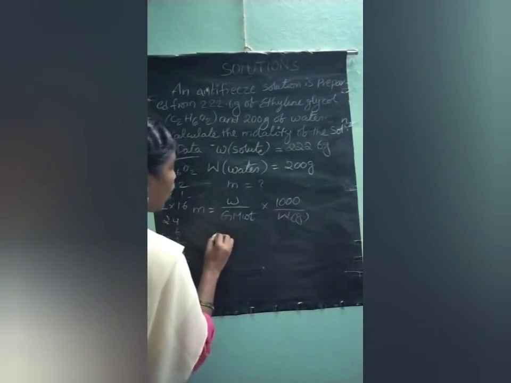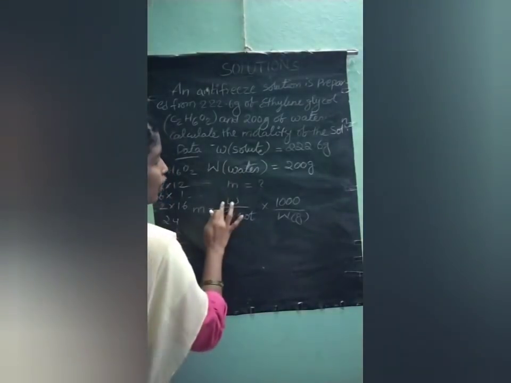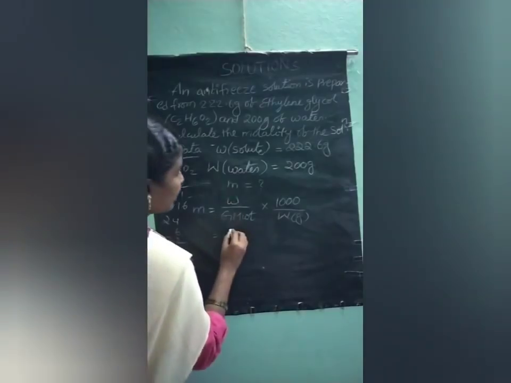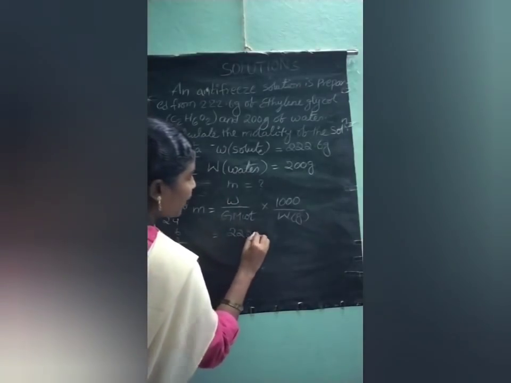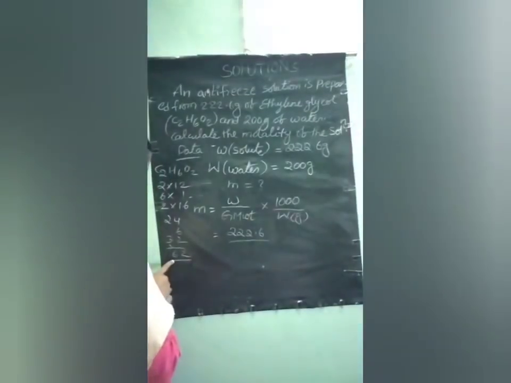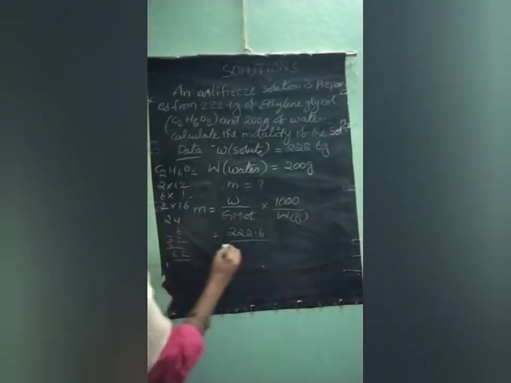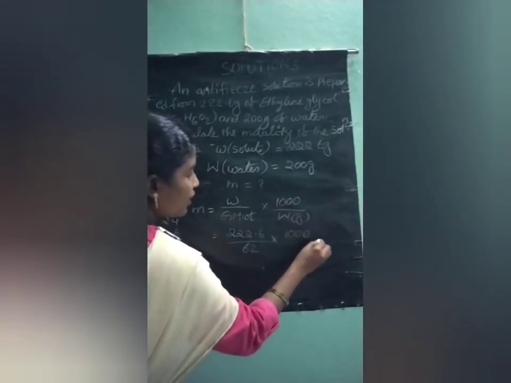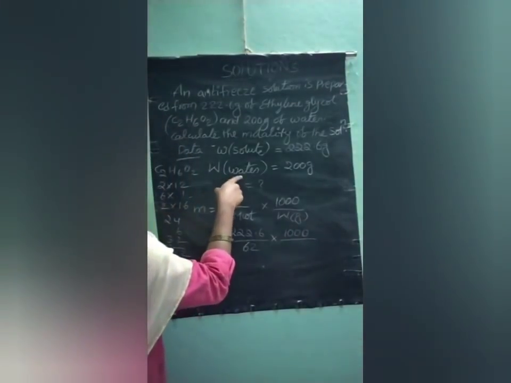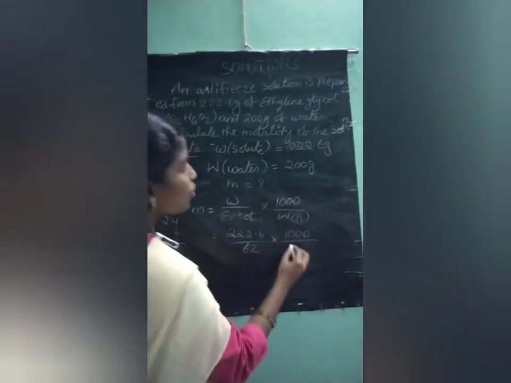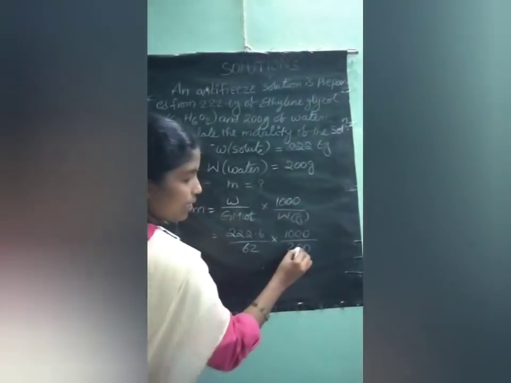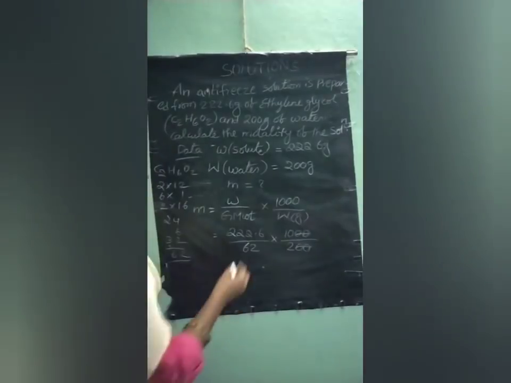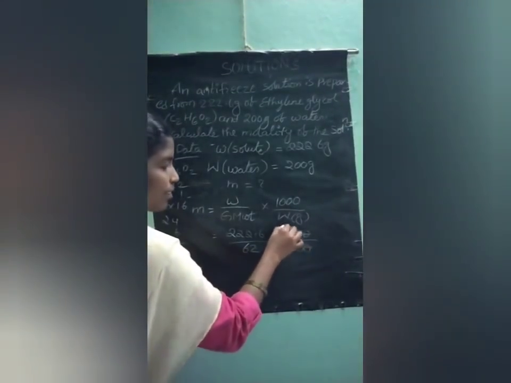So substituting all values in the formula: weight of the ethylene glycol, that is 222.6, by gram molecular weight of ethylene glycol, 62, into 1000 by the weight of the solvent. Here the solvent is water, and the weight of the solvent is 200. The zeros cancel, so 2 ones are 2, 5s are.